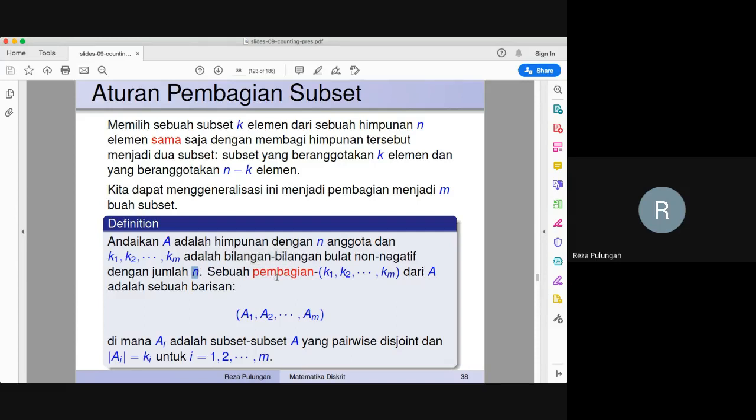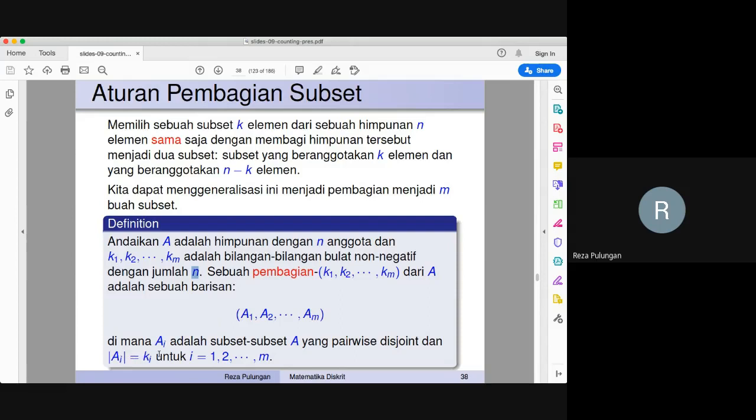Now we call this a division k1, k2 until km of A is a sequence, this is a sequence, not actually a set, A1, A2, and so on until Am, where Ai is a subset of A that is pairwise disjoint, and the number of elements in Ai is equal to ki.